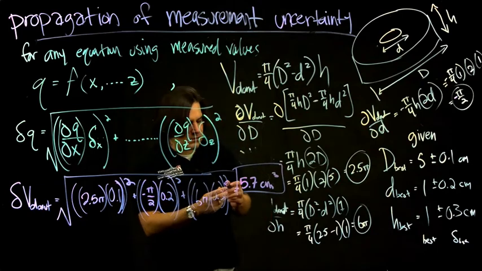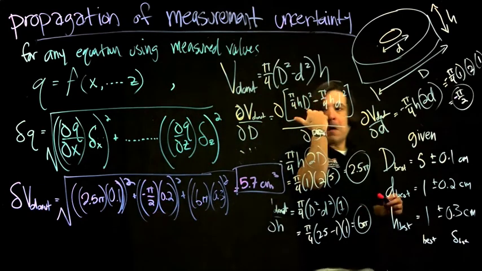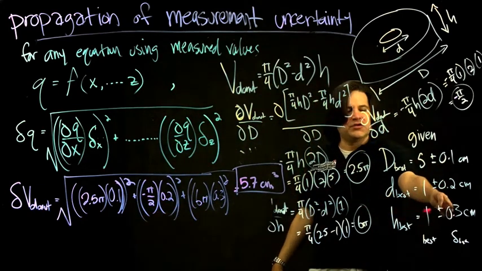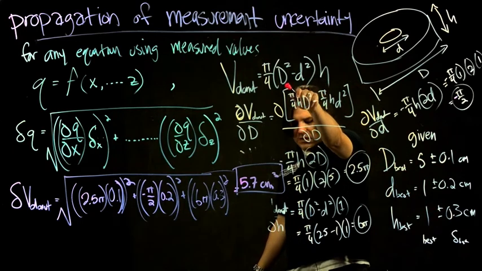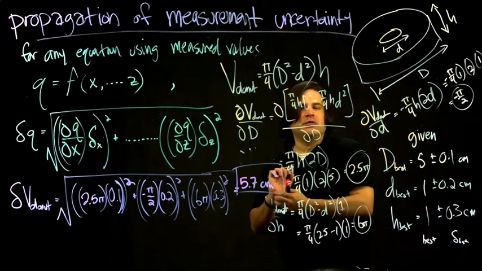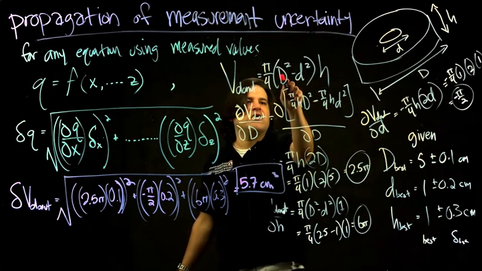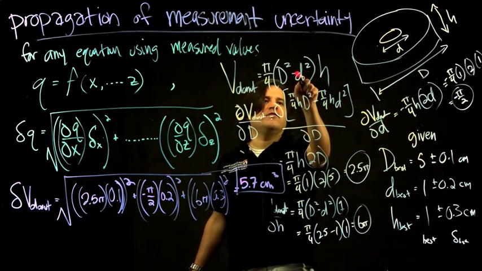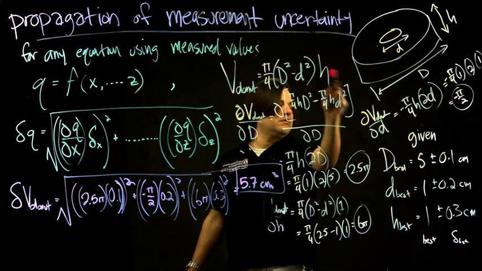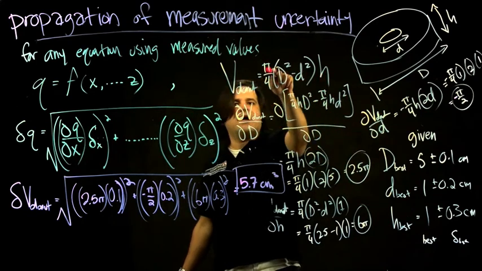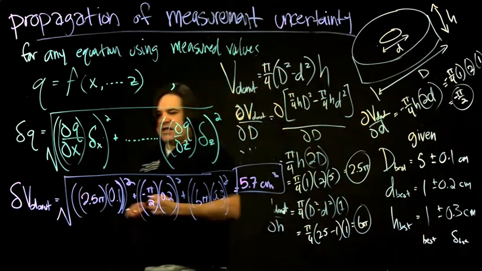And if you're doing this at home, if you apply our measurement values to this equation, you should get 18.8. It's 5 squared minus 1 squared, that's 24, times 1, which is the height, times pi divided by 4, that's 18.8.